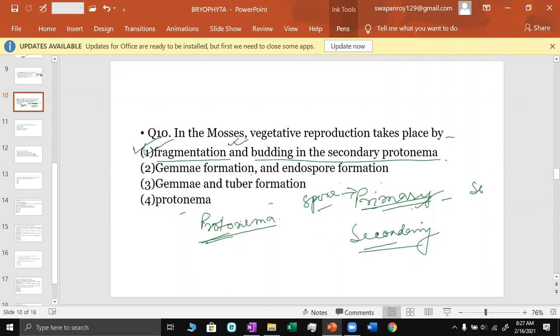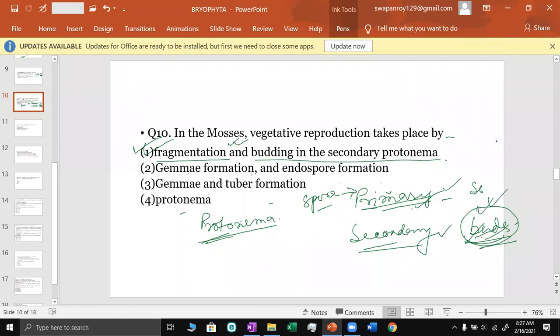Both primary and secondary protonema produce buds. These structures are branched also, and they produce buds, so many new adult moss plants grow from there.